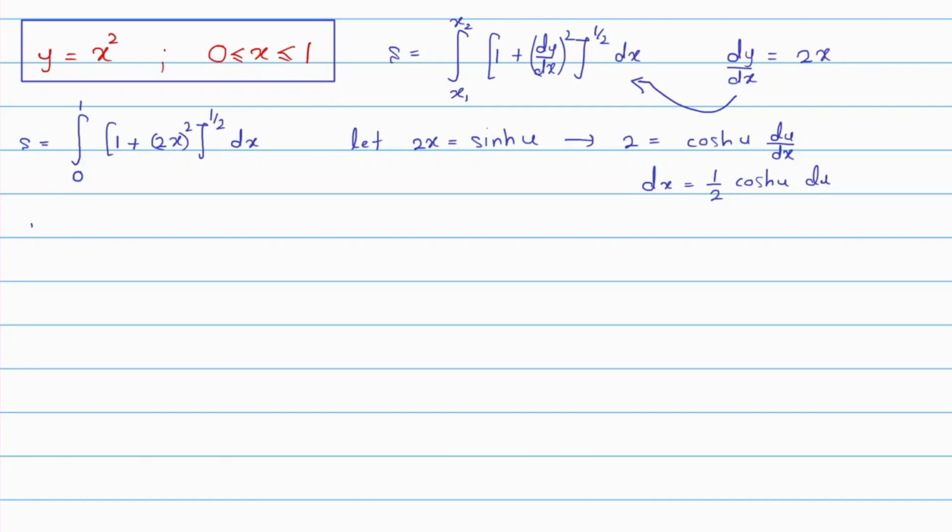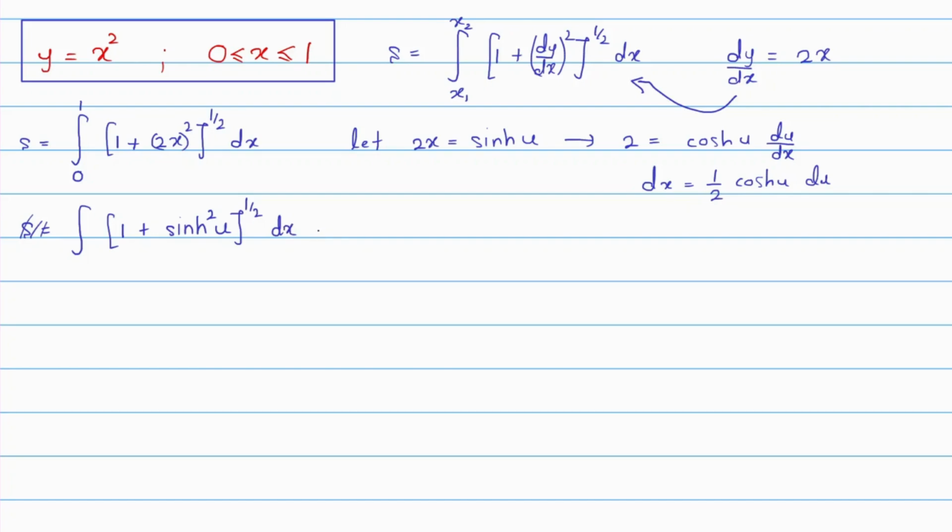And therefore, we get s equals integration from, let's just disregard the limits for now and try to compute the integral. Integral of (1 plus sine squared u), we get the square root of that, dx.